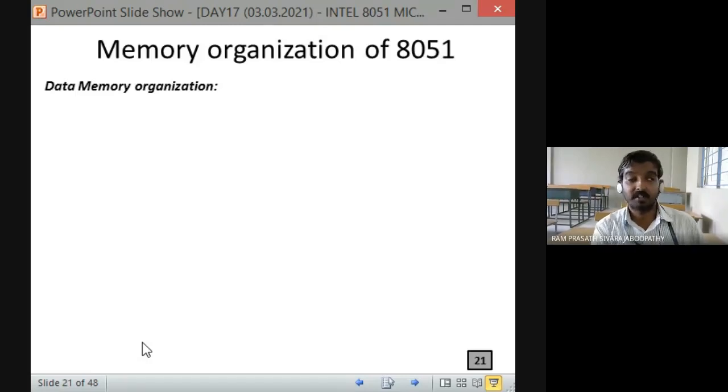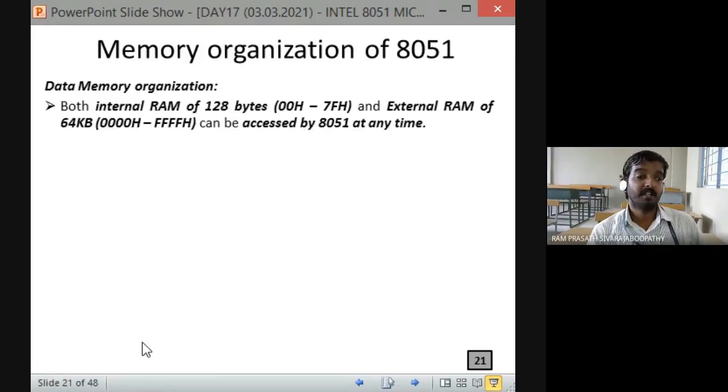What about the address space? 00 to FF? No, Shivakumar. Actually, 00 to FF would be 256 bytes; the 128-byte RAM is 00 to 7F. Very good. Both the internal RAM of 128 bytes and the external RAM of 64 KB can be accessed by the 8051 at any point of time.